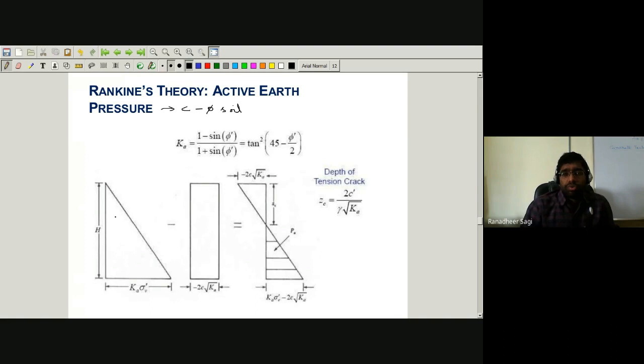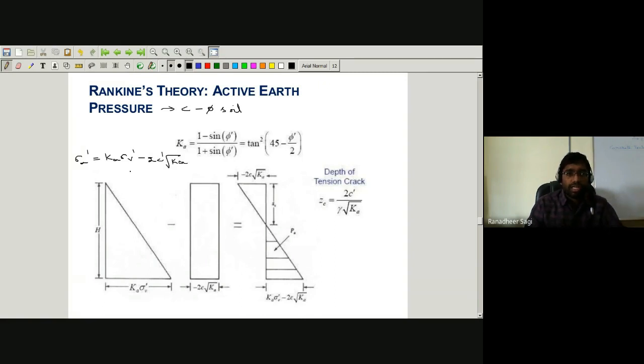how do we go on to get the earth pressure distribution diagram? Okay, so if I want to plot the active earth pressure distribution diagram for c-phi soil, what is our expression for sigma A dash? Sigma A dash is nothing but Ka into sigma V dash minus 2c dash into under root Ka.